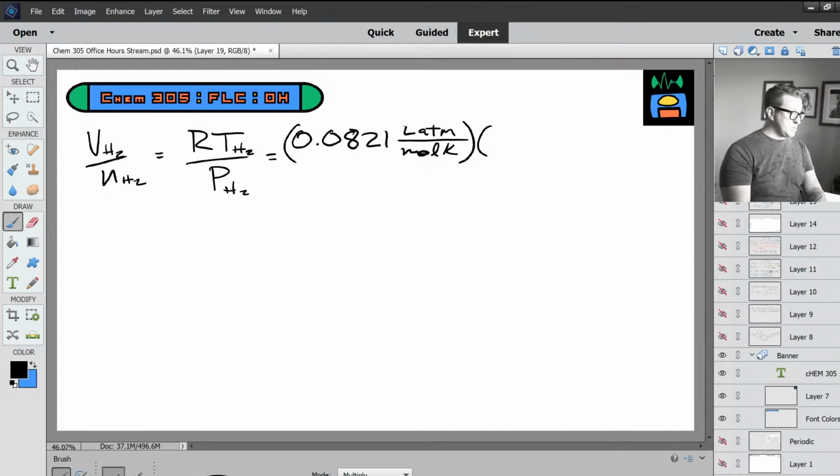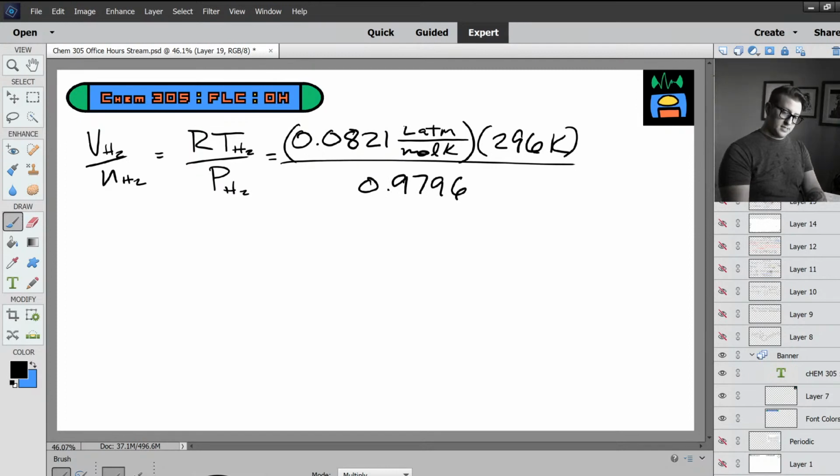Temperature 296 Kelvin. And then the partial pressure in atmospheres, 0.9796 atm. And you'll notice atmospheres cancel, Kelvin cancels, and that's it.